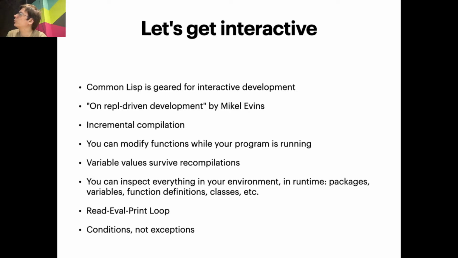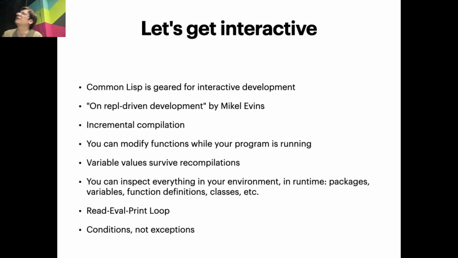And whenever we recompile our program, we can either recompile the whole file or a single form within this file, like for example a function definition. And every time we recompile anything in our program, the variable values survive, well, if we want them to survive. So if we define a variable, for example, with the defvar form, then it survives recompilation.